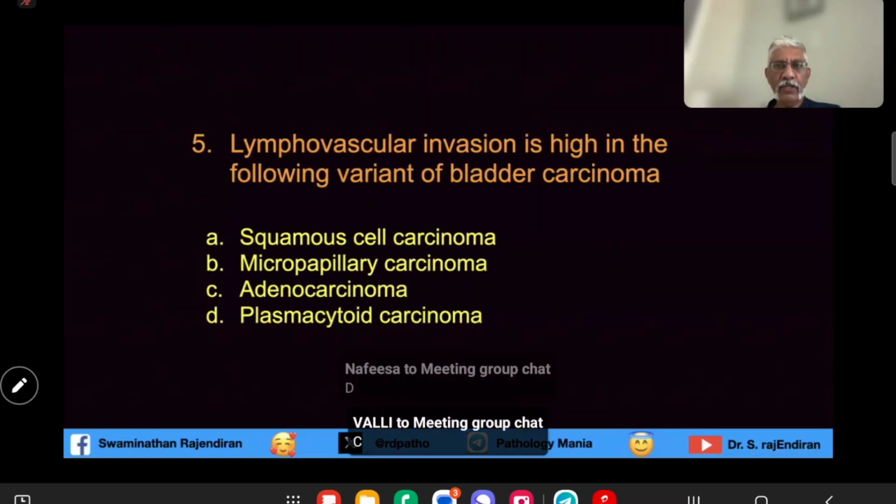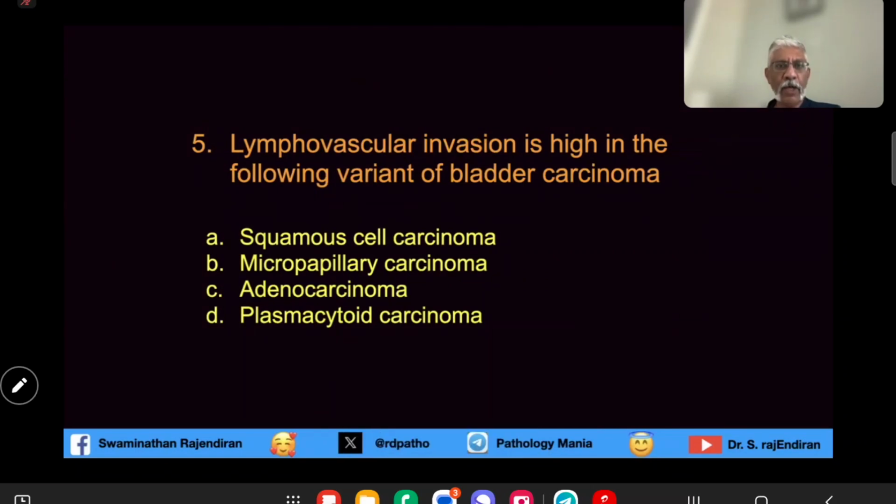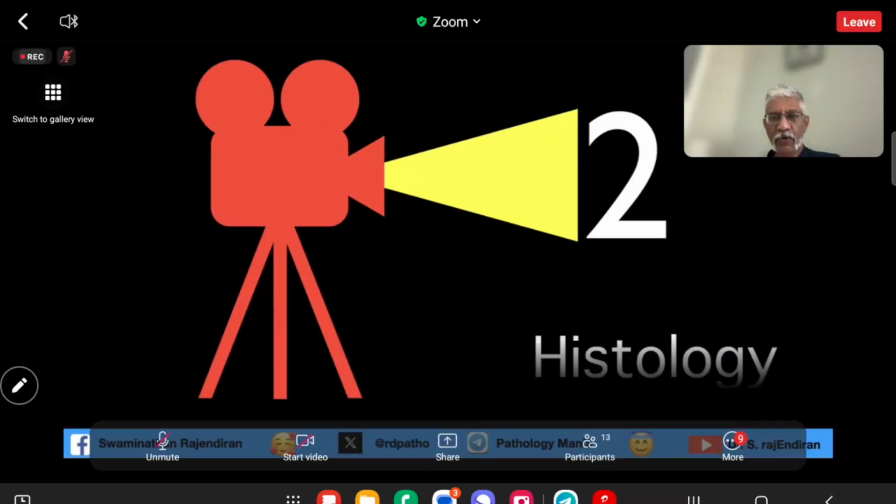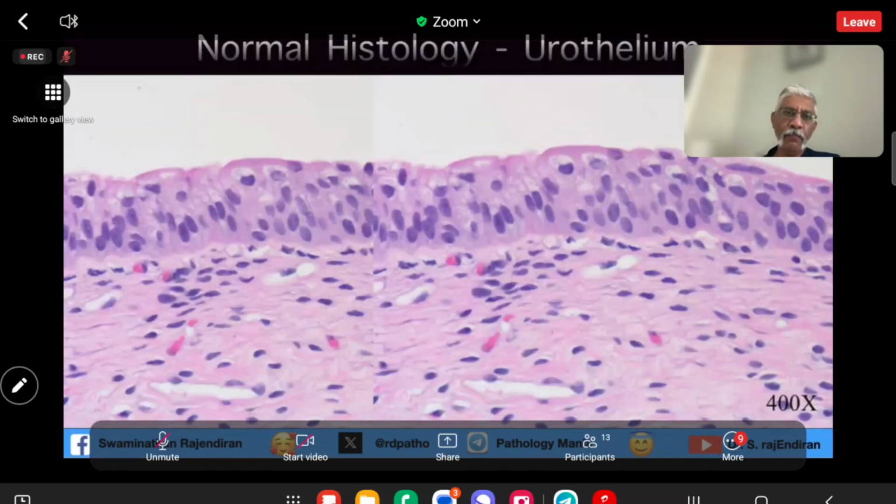Lymphovascular invasion is high in the following variant of bladder carcinoma: squamous cell carcinoma, micropapillary carcinoma, adenocarcinoma, plasmacytoid urothelial carcinoma. So these are the 5 pre-test MCQs, and let us jump into normal histology now.